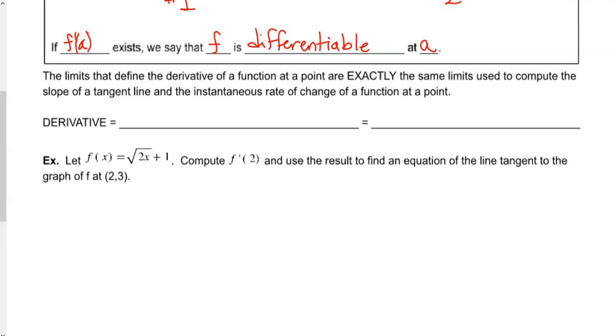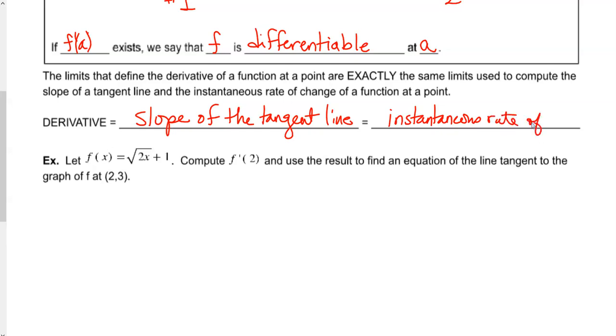So you have to remember that the derivative finds two things. One of them is the slope of the tangent line, and it is also equivalent to the instantaneous rate of change. So if you're asked to find either one of those, you are asked to find the derivative of that function. You've got to remember that those two things are exactly the same.